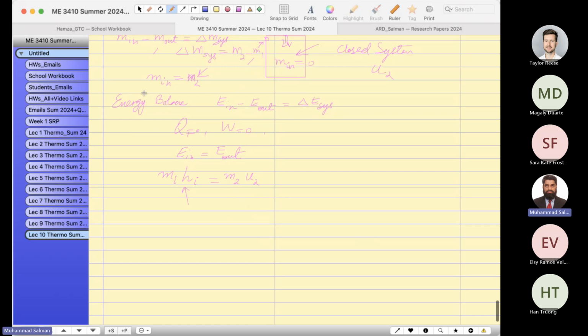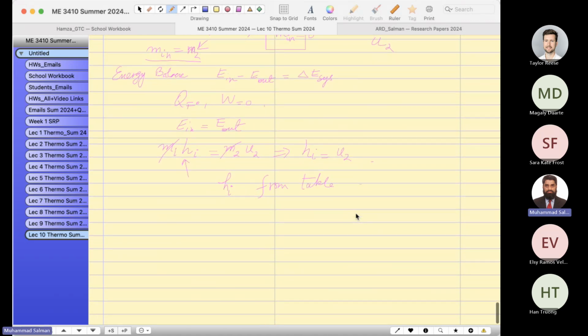And we know that m in equals m2, so can I cancel this out? So that means h in equals u2, or u2 equals h in. So how would you find out h in? You can find it out from the table. So let me show you the table.